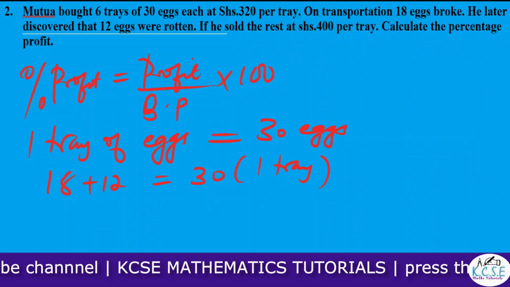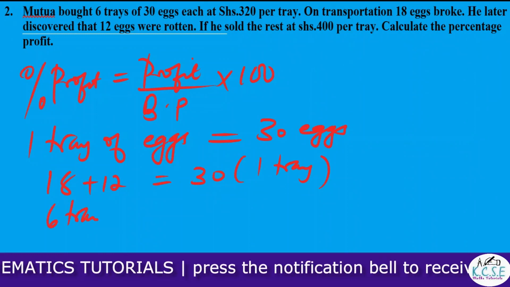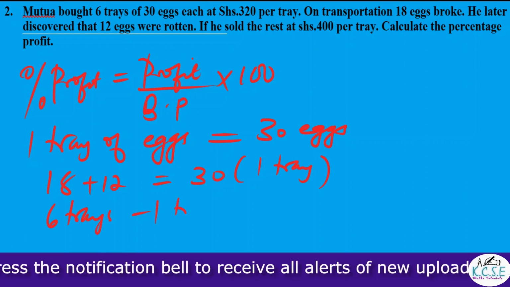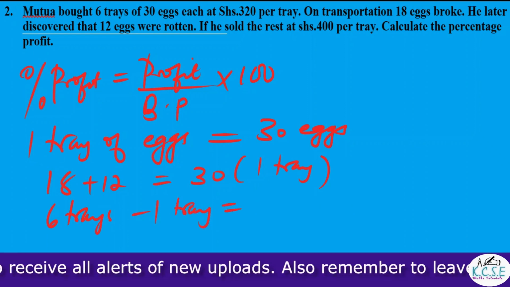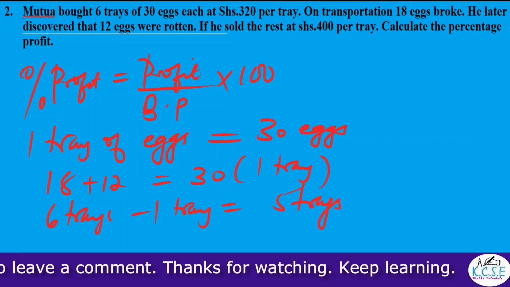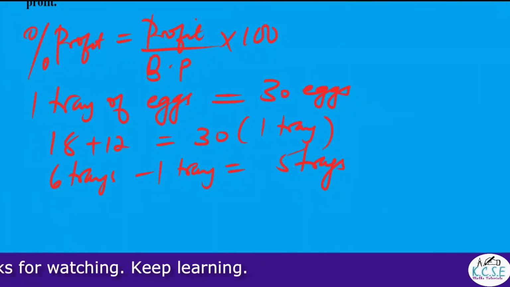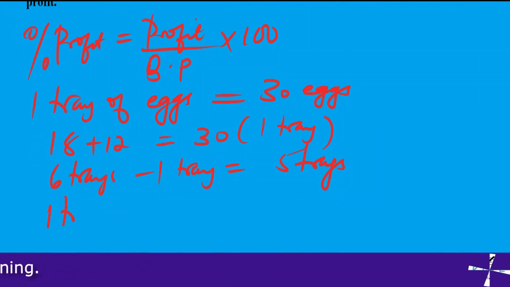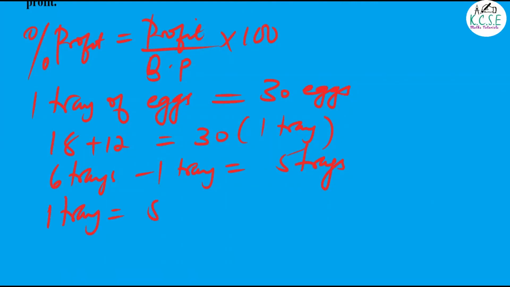So if you had 6 trays, you subtract one tray, so he remained with 5 trays, and these 5 trays are the ones that he sold, each tray at 400 shillings.